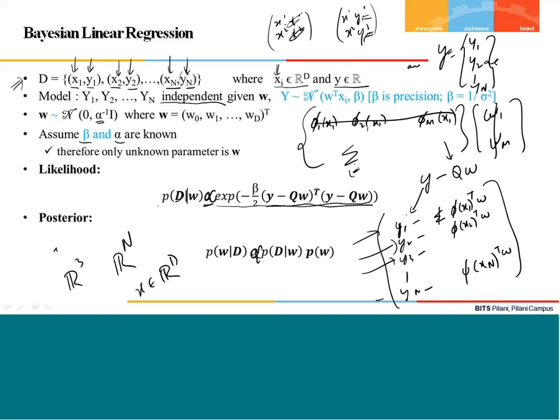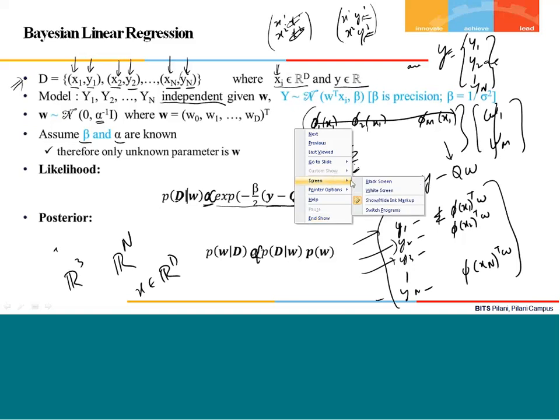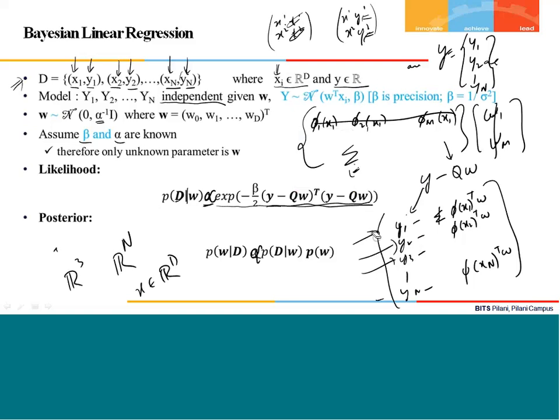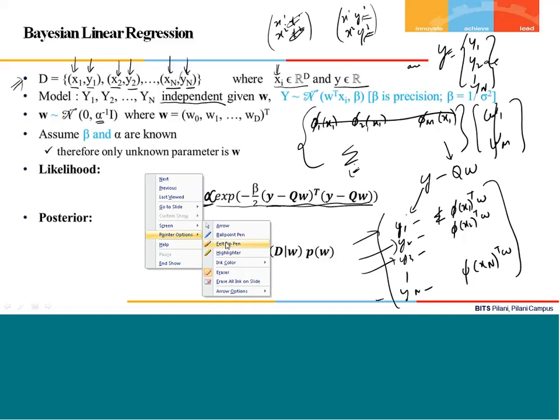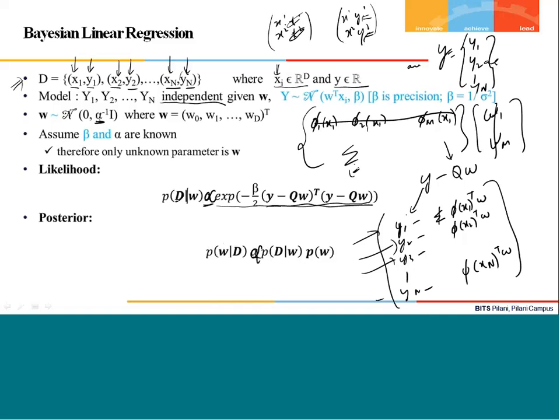So what I am saying here, just a quick question from somebody. He is asking what is alpha. If he means the alpha that I have written next to W, I want to make a quick point on this.